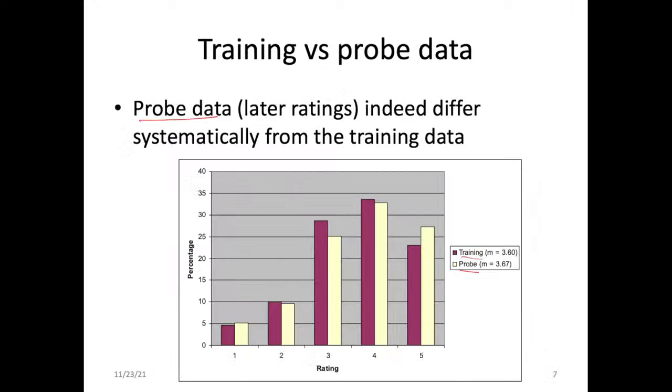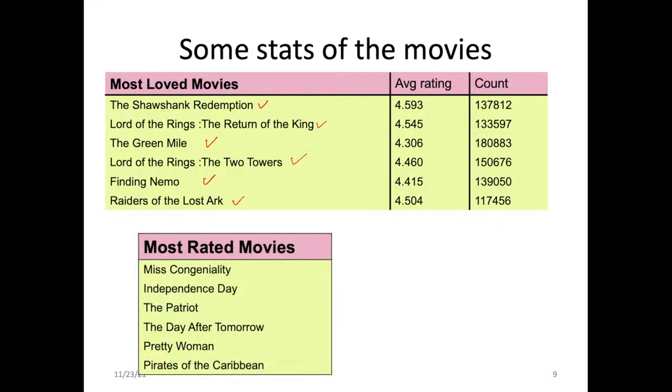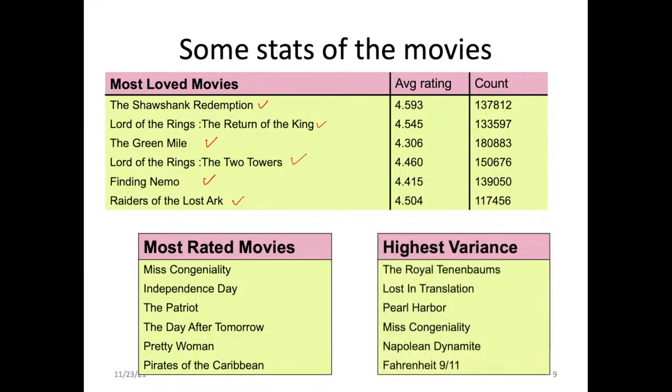Anyhow, these are some of the movies that received the highest ratings, and these are the most rated movies, which means a lot of people rated these movies. But the most rated movie is not necessarily the highest rated movie. These are the movies with the highest variance, which means a lot of people like these movies and a lot of people don't like them.